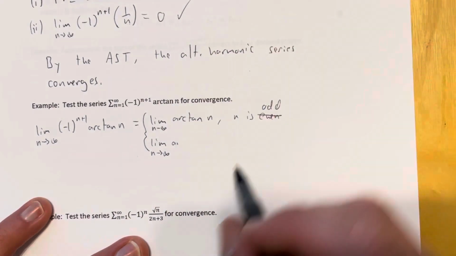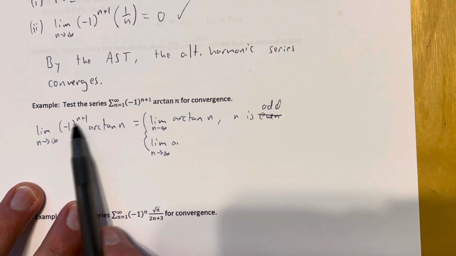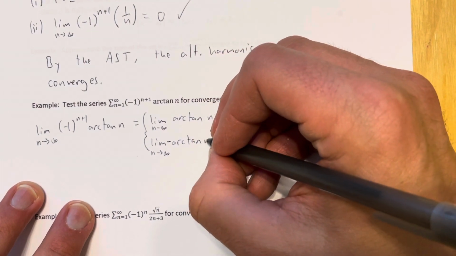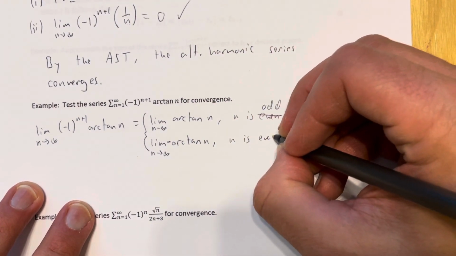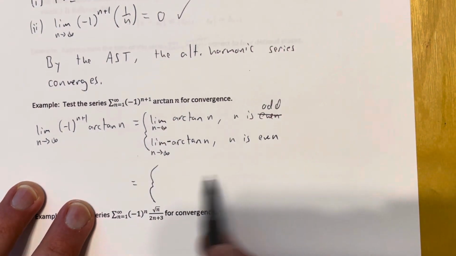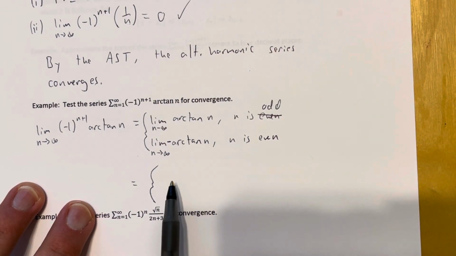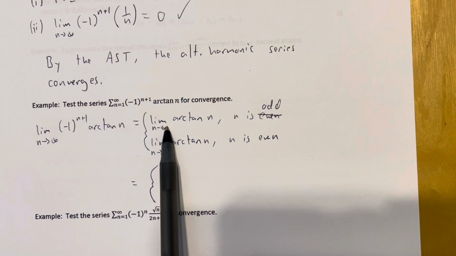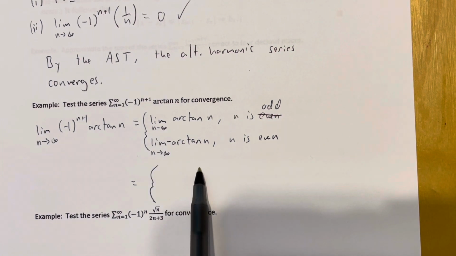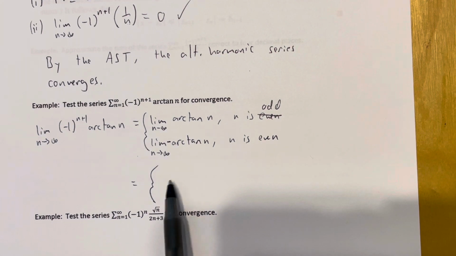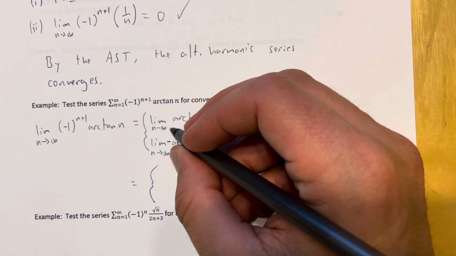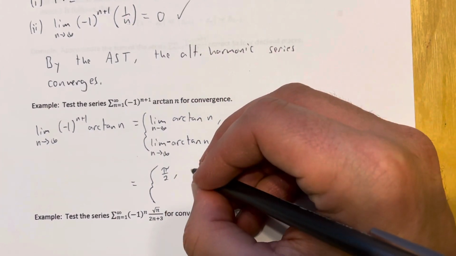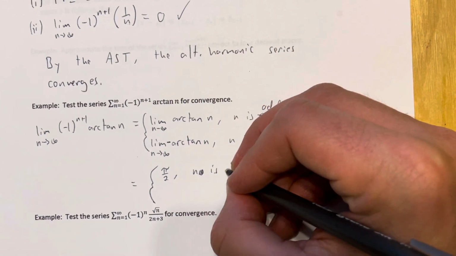Well, if n is even, then this is going to be an odd power up here, so I'm going to get a negative arctan of n if n is even. Okay, but what is this equal to? Well, the arctangent function is a bounded function. It has a finite limit as n approaches infinity, and in this case we have n approaching infinity in both cases. If you remember, the limit as n approaches infinity of the arctangent function is pi/2. Again, this is if n is odd.